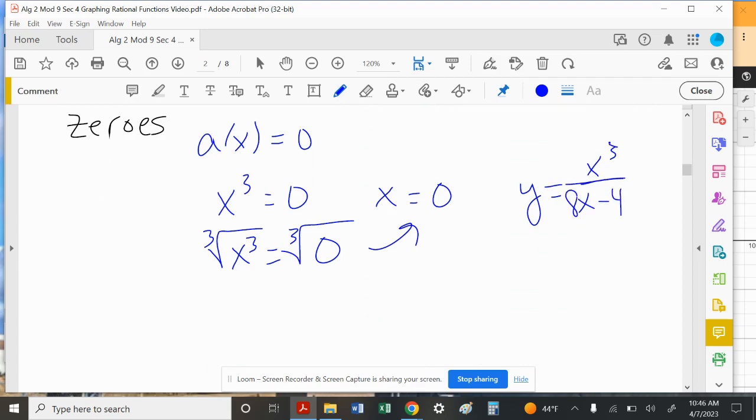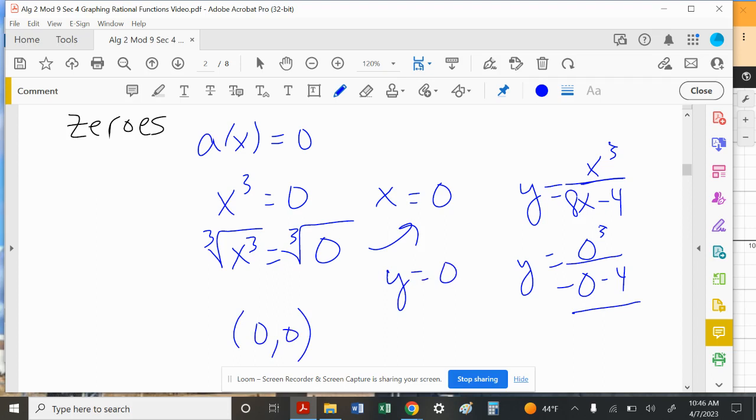We're going to plug in a 0 there, so we get y equals 0 cubed over 8 times 0 minus 4, or just minus 4. 0 over anything except 0. Notice this is not 0 down here. This is negative 4 when we combine those together. Then y equals 0. So that means that we have a zero at (0, 0). Okay, x is 0 and y is 0.